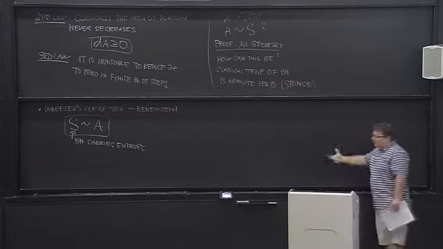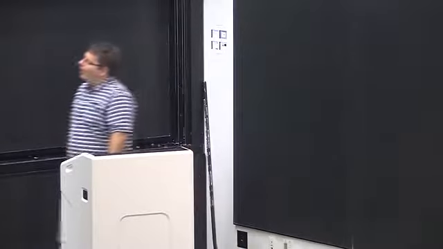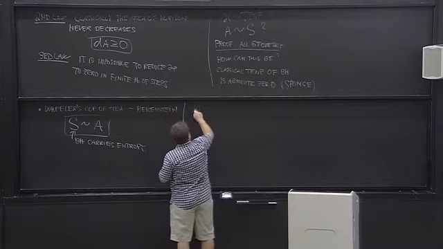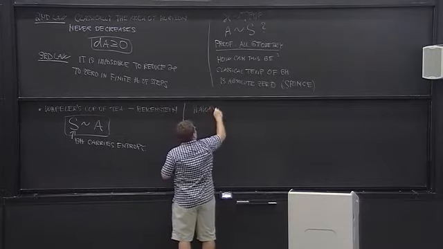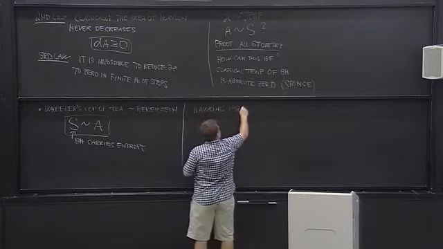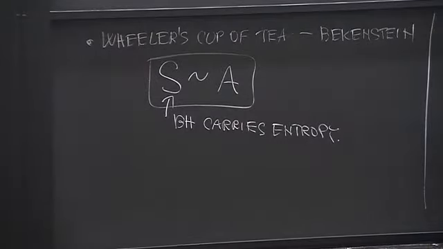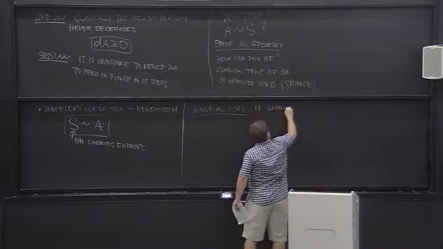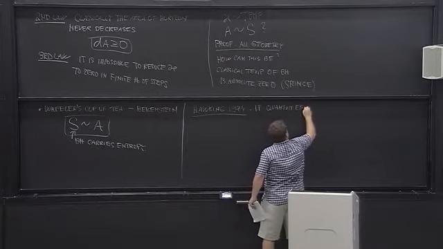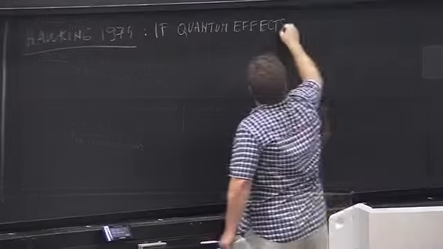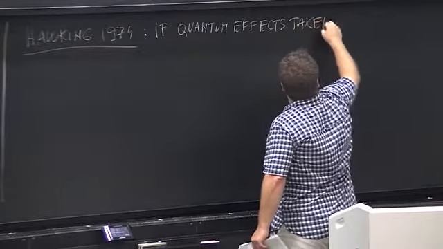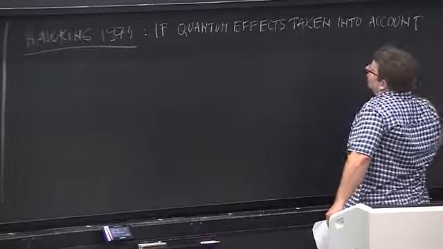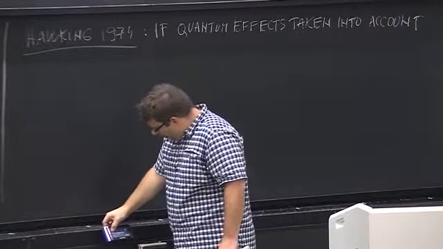There is no radiation outside of the black hole. But this is only true classically. Then Hawking in 1974 actually showed that if quantum effects are taken into account, the black hole actually radiates.